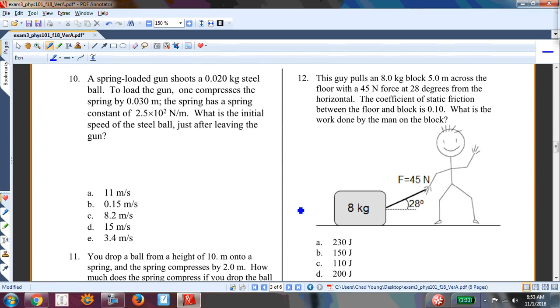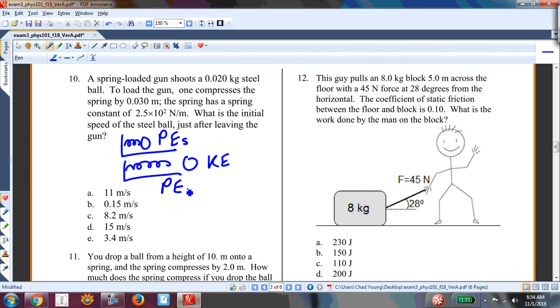A spring-loaded gun shoots a steel ball. You compress the spring. There's a spring constant. What is the initial speed of the ball? So I have the spring-loaded gun, and then it lets go of the ball. So here I only have elastic potential energy, and here I only have kinetic energy. So I say PE_s is equal to KE. That's 1/2 kx squared is equal to 1/2 mv squared.